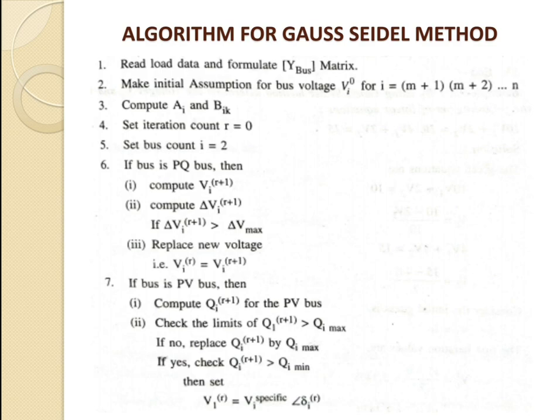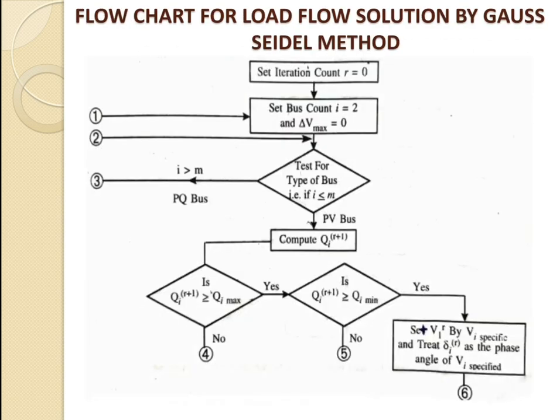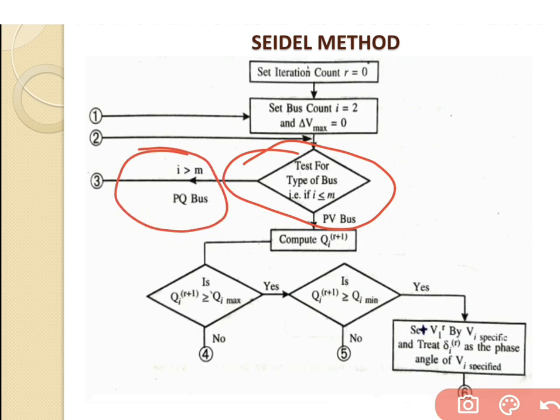So again, we will see this inside the flowchart also. We will check the condition: is the bus a PQ bus? We test the type of bus, that is, i less than or equal to m, and whether it is a PQ bus or PV bus depends upon the condition between i and m.